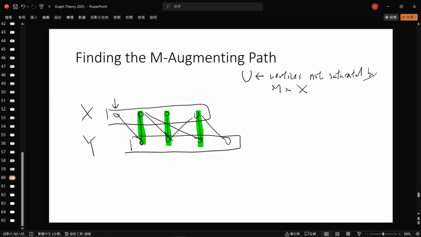And then we'll extend M alternating paths from U.